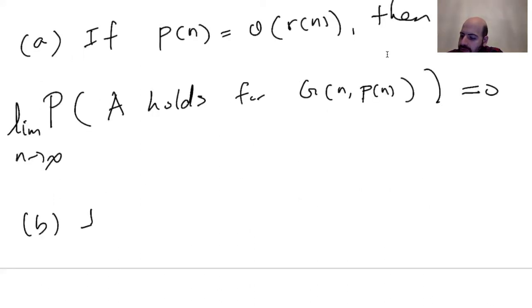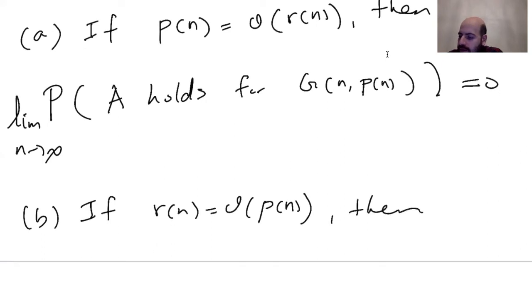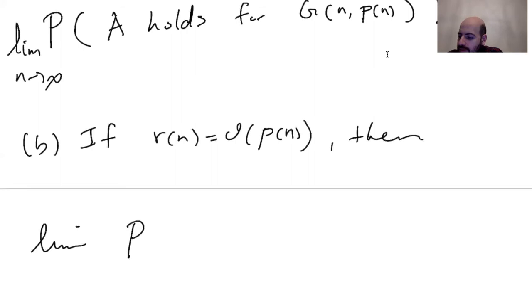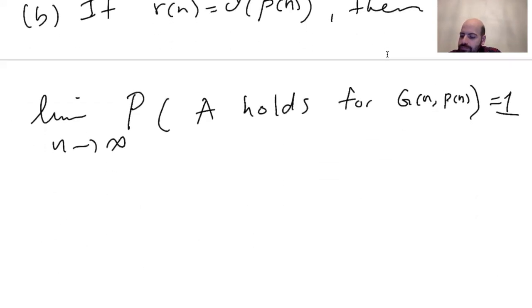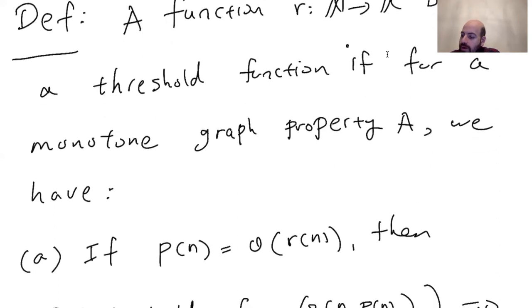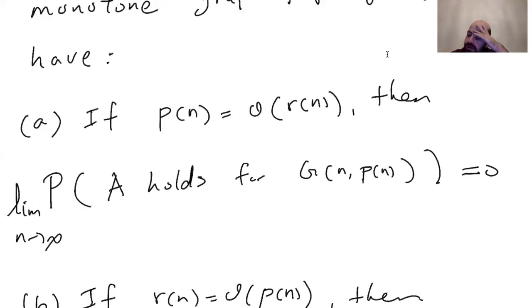Part B, if r of n is small o of p of n, then the limit of the probability that A holds for G of n and p of n is equal to 1 as n goes to infinity. And here we are mentioning a monotone graph property A. What does that mean?